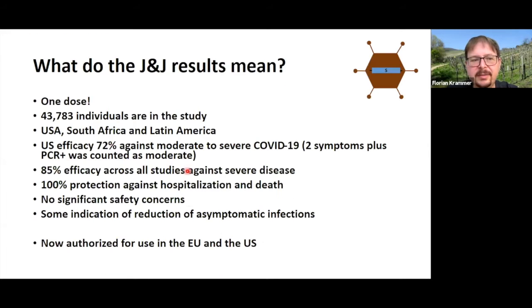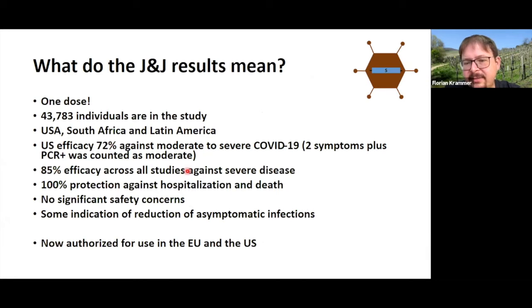For J&J, that's a little bit different because J&J, as you know, is just given once. It's the only SARS-CoV-2 vaccine that's given once right now. Here we had also more than 40,000 individuals in the trial. That trial was done in the US, in South America, and in Latin America. In the US, the efficacy was 72%, and here it was moderate to severe COVID-19.